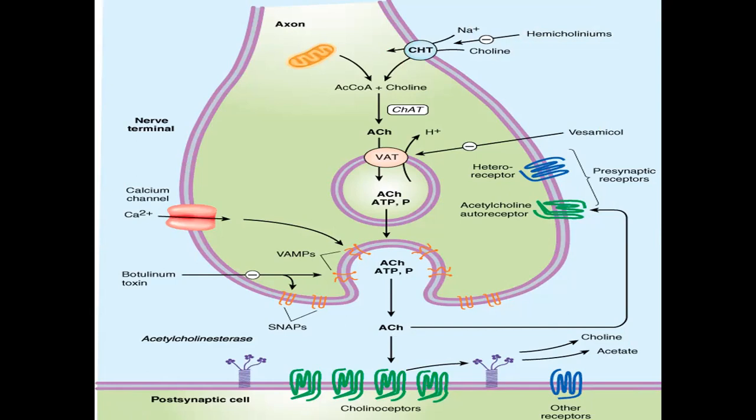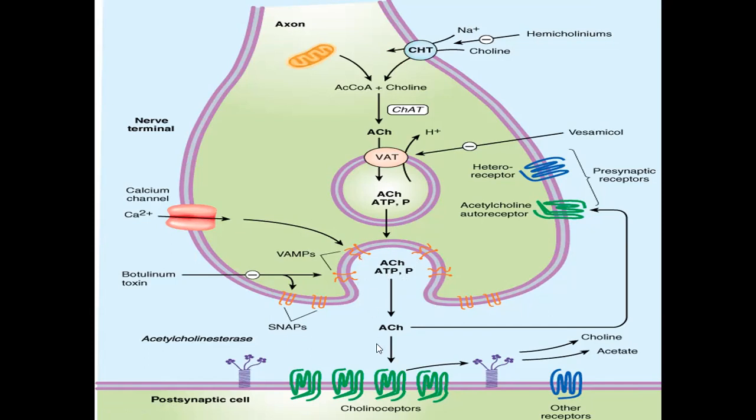The acetyl CoA is derived from the mitochondria, and the choline enters the nerve fiber, that is the preganglionic nerve fiber, and is blocked by hemicholinium. Acetylcholine is stored in the vesicles along with ATP and phosphate.